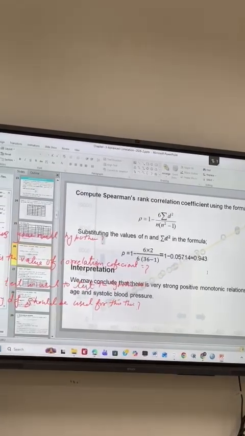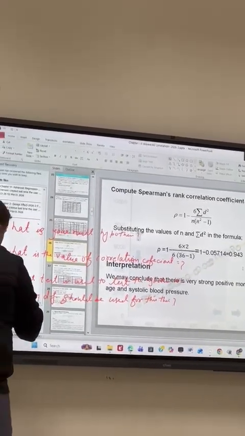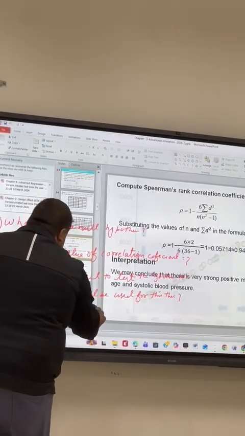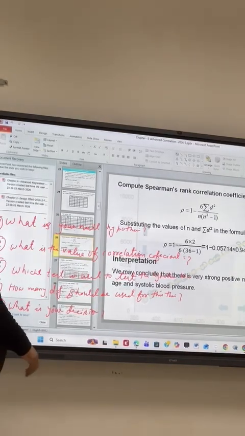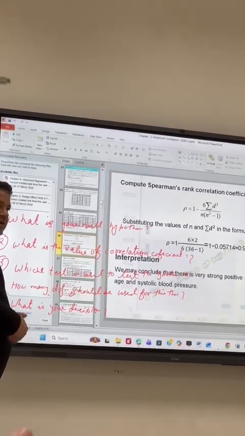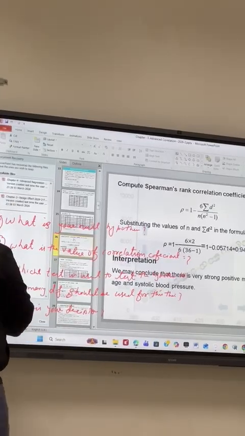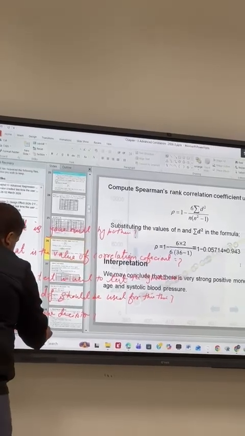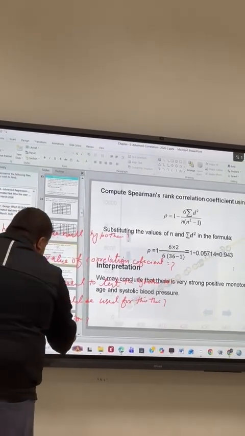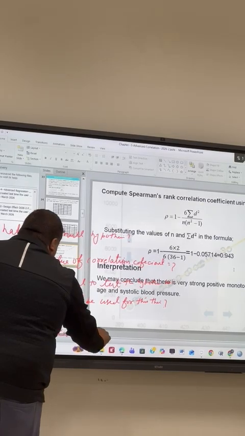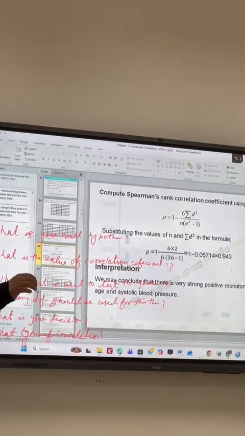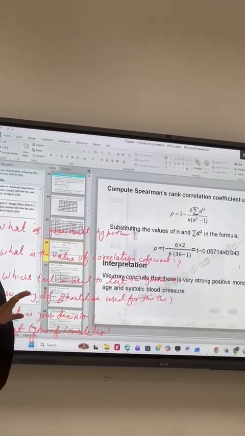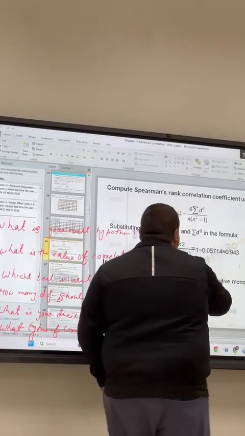Next, what is your decision? Decision means accept the null hypothesis, reject the null hypothesis, or accept the alternate hypothesis. What types of correlation? This is mild, weak, moderate, high, very high. Clear? And the last question, number 7.